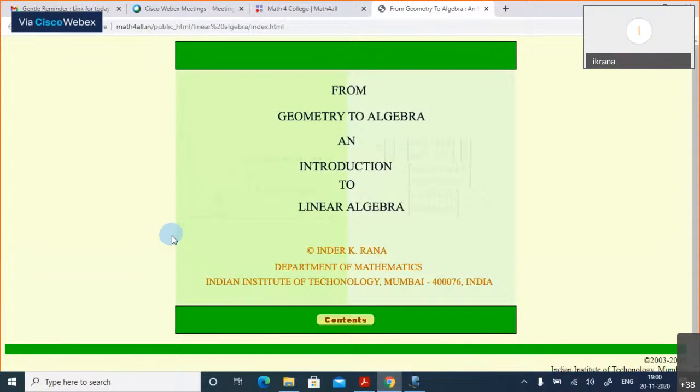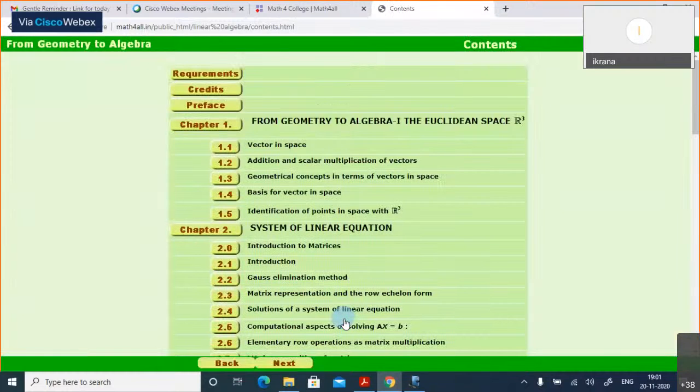You can buy the book as and when convenient if you want a hard copy. Otherwise, you can go online and look at the contents. It more or less gives you everything I'm talking about.